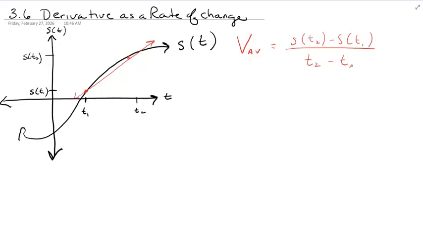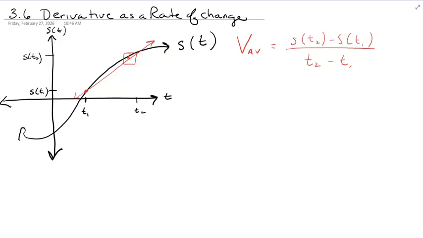So on that first day of class, that first lesson, we kind of talked about taking this point right here, the t sub 2 comma s sub t sub 2 point, and moving it so it got closer and closer to our initial point. And as we did that, we calculated these average velocities as they got closer and closer.